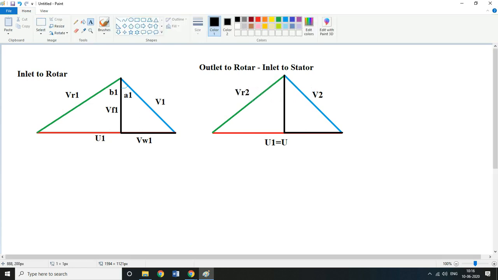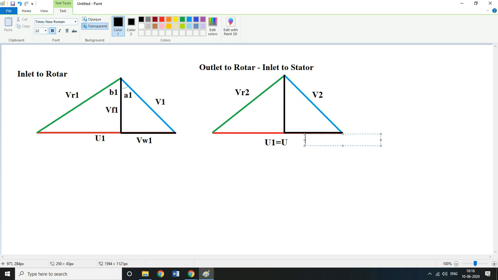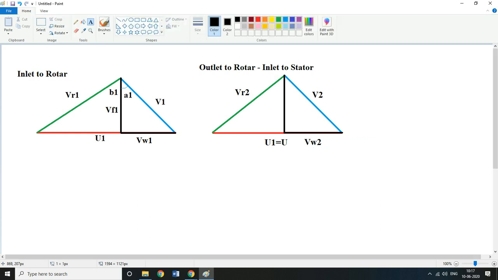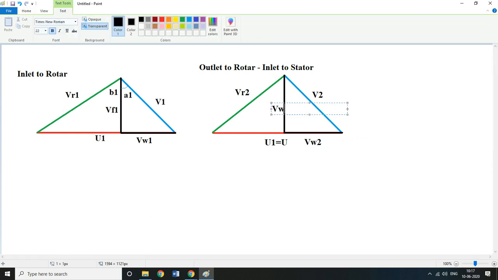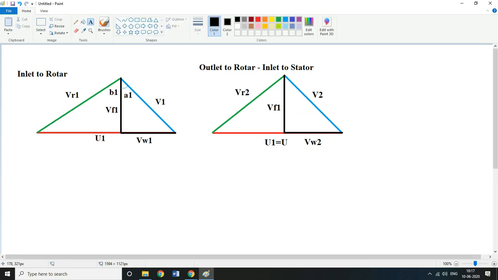And then the tangential component of V2 is VW2, and VF1, sorry, VF2, the radial component. See, these two are the same.